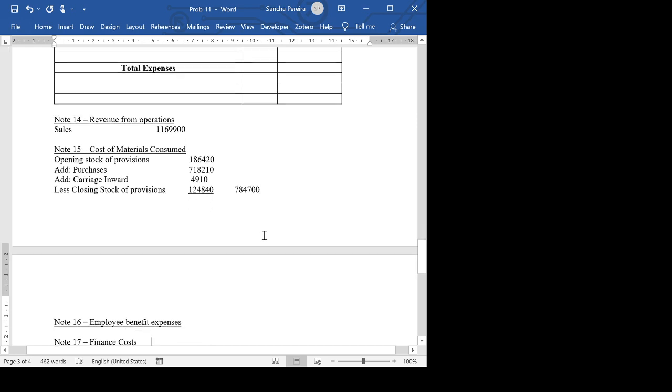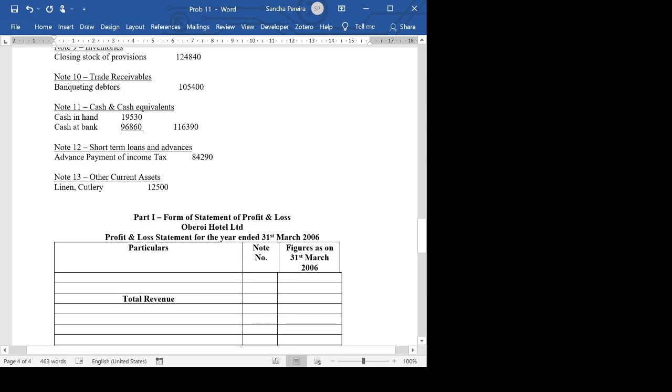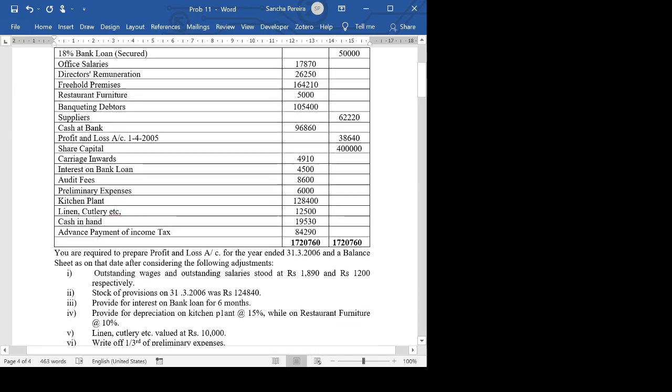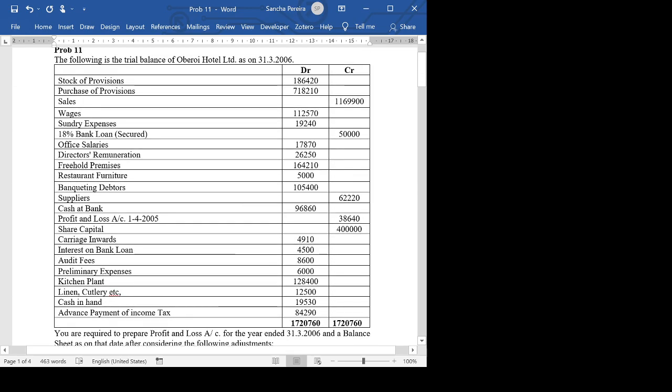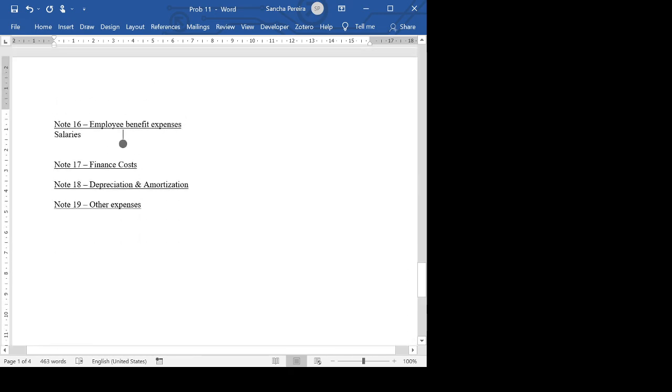Okay, next we have employee benefit expenses. So here we have salaries, wages and the outstanding to each of them. The amount is given as office salaries are 17,870.